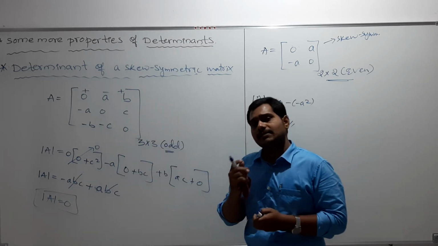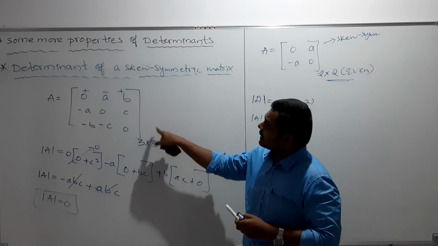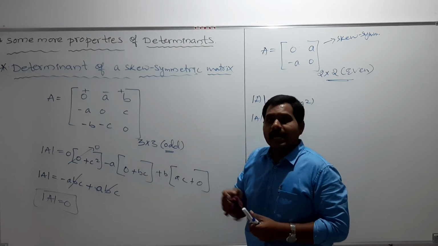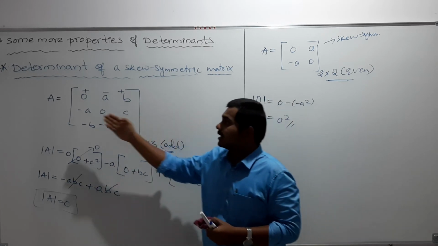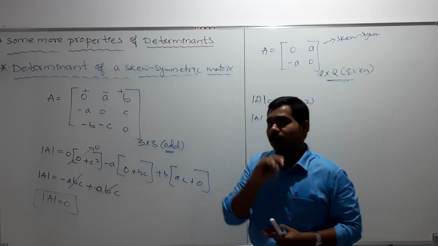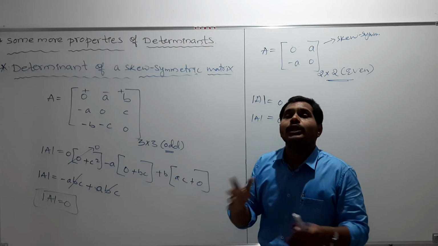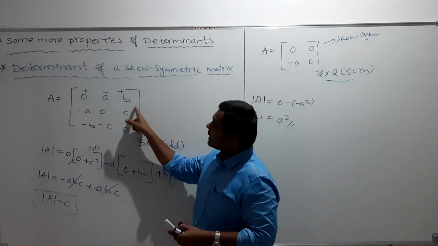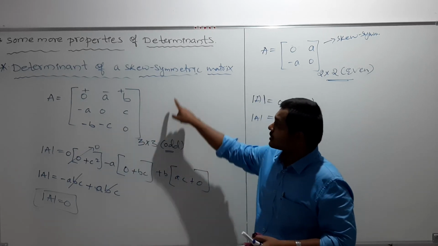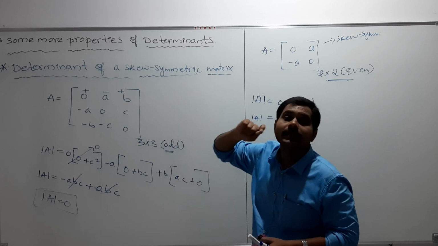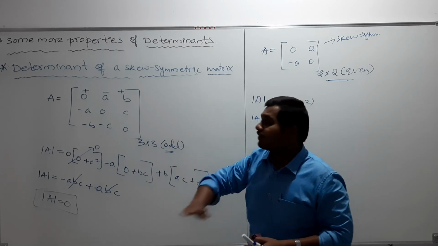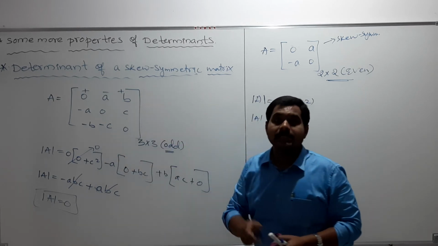Sometimes in competitive exams like CET, they will give you one skew symmetric matrix and ask for its determinant value, giving options. In such cases, no need to worry. You should check whether the given matrix is skew symmetric or not.